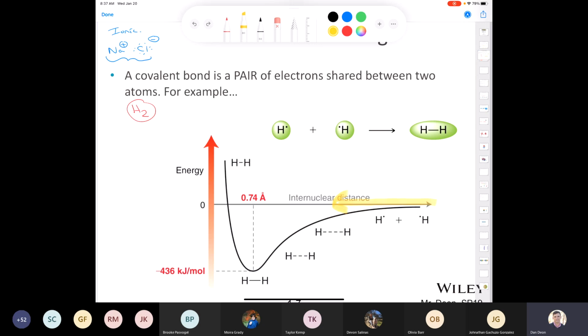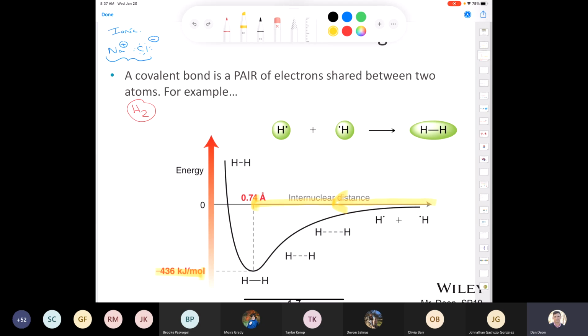So you've got this attraction between protons and electrons, and you start bringing them closer and closer together, and then you find that they reach this minimum energy value. They reach this minimum energy value, and that defines a bond distance, covalent bond distance. And you see that the distance between the 2 hydrogen atoms in H2, in hydrogen, is 0.74 angstroms.